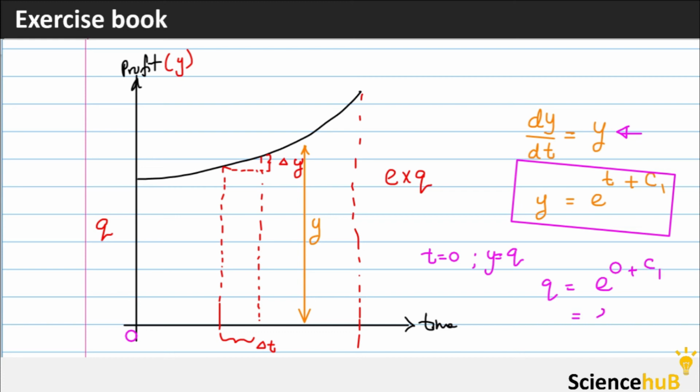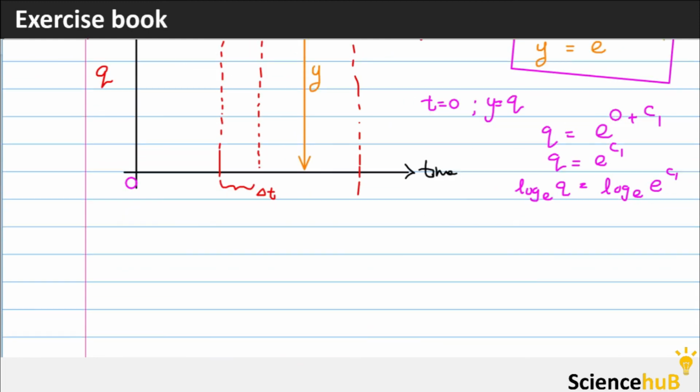E to the power C1 is equal to Q. Now let's take log E of Q, log E of E to the power C1. This is C1 and C1 is equal to log E base Q. So now we have found the value of C1.